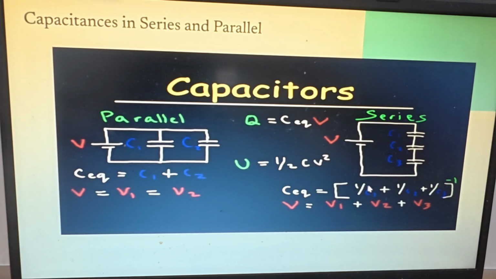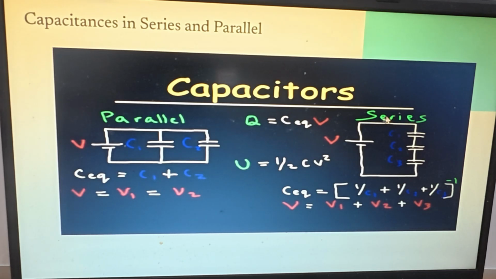And so it's just like resistances in parallel. And this is the potential energy from this circuit, and it's equal to the capacitance times the voltage squared.